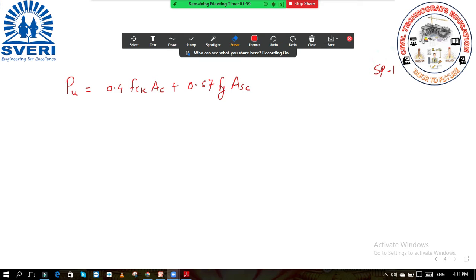So in short, I have told you, you can design that column as a biaxially loaded column, or also by using the SP16. Various tables are given there for different types of eccentricity and different types of steel percentage. So from that also you can design the column.